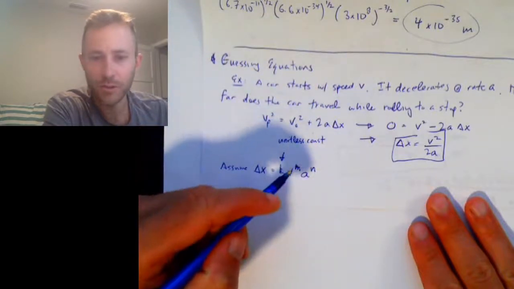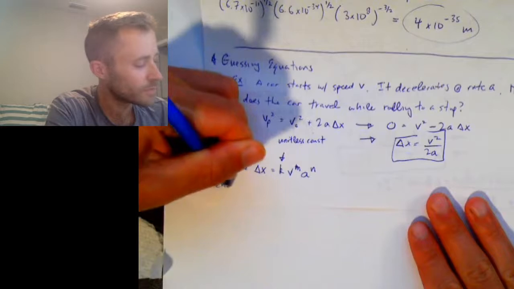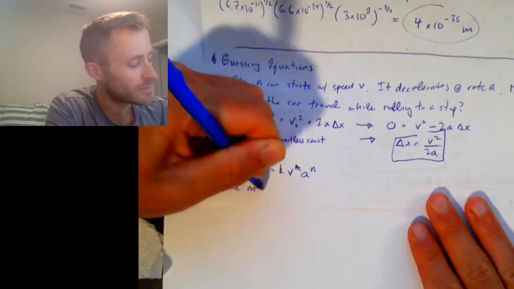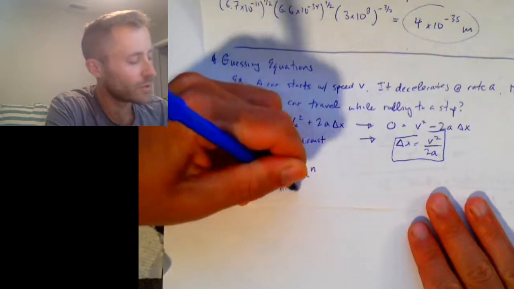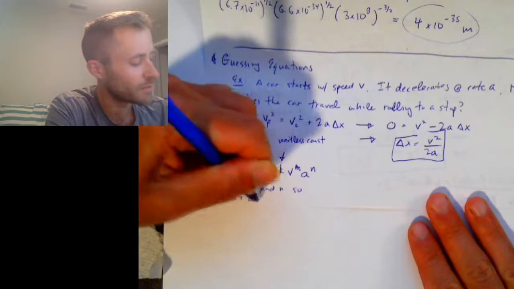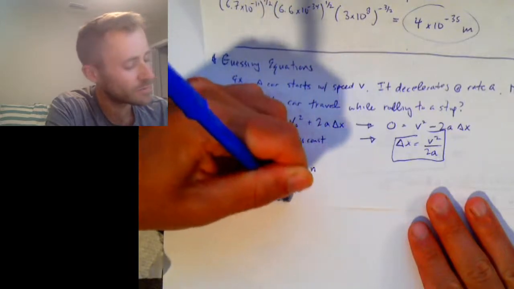And we are going to choose m and n so that the right-hand side and the left-hand side have the same units.